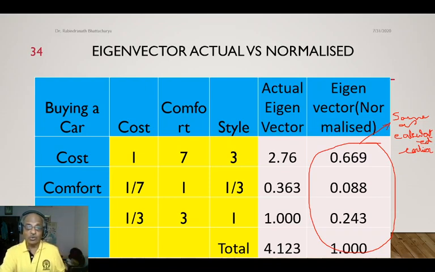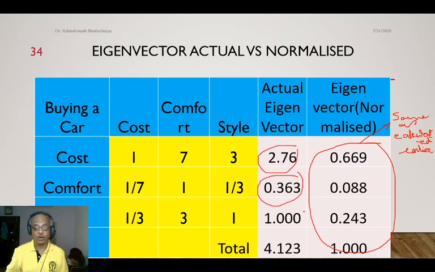If we go back to our college life and try to find the eigenvalues, you will find these are the values you get: 2.76 for cost, 0.363 for comfort, and 1 for style. The question is, how did you get the numbers you saw earlier, 0.669, 0.088, 0.243? We have just normalized it. We have taken the total, and 2.76 divided by 4.123 gives it.